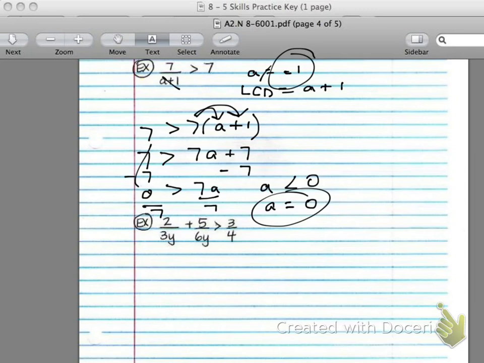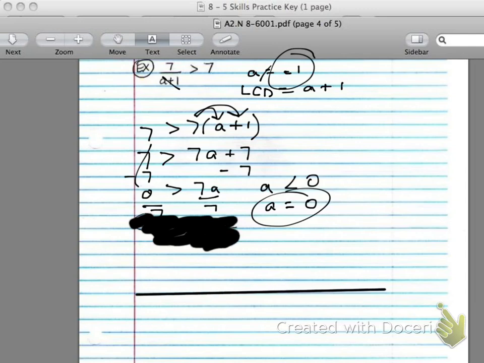Okay, so let's create our number line. Let's blot this out for just a second. Don't want anybody to get confused with that. All right, so here's our number line.